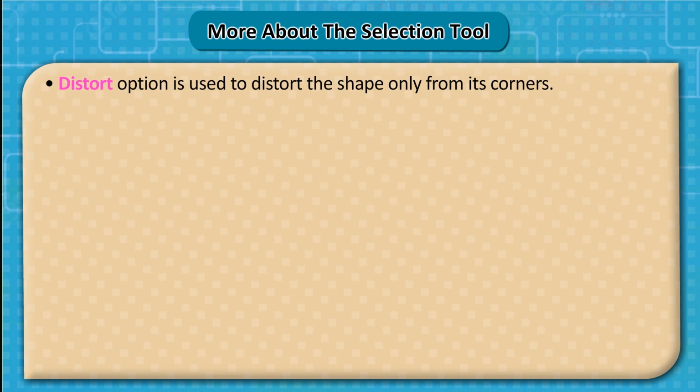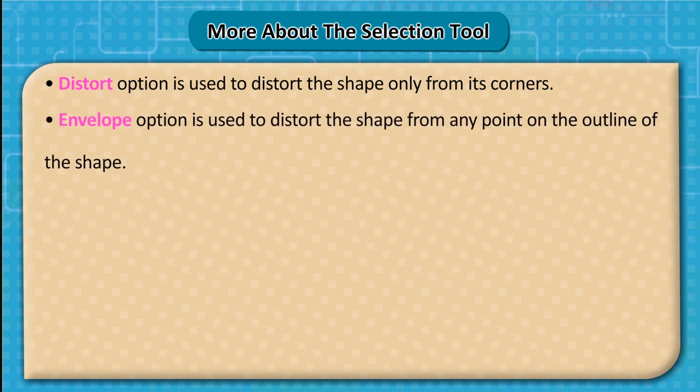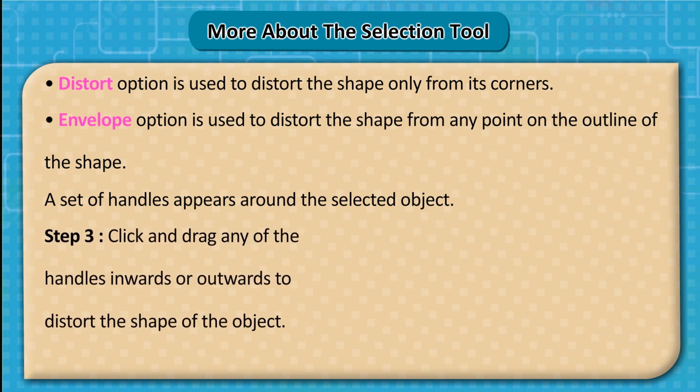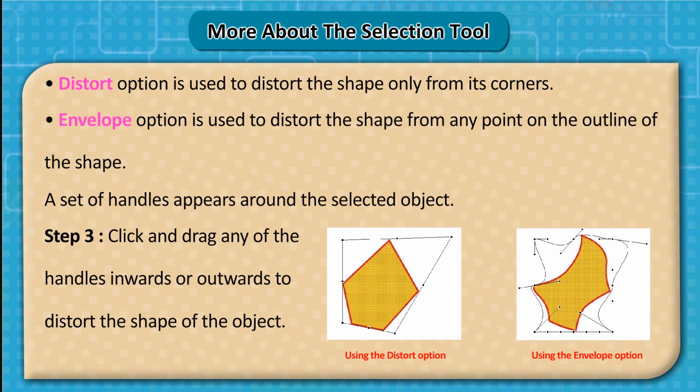The Distort option is used to distort the shape only from its corners. The Envelope option is used to distort the shape from any point on the outline of the shape. A set of handles appears around the selected object. Step 3. Click and drag any of the handles inwards or outwards to distort the shape of the object. Using the Distort option. Using the Envelope option.